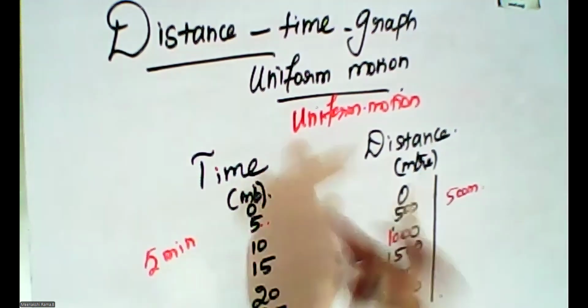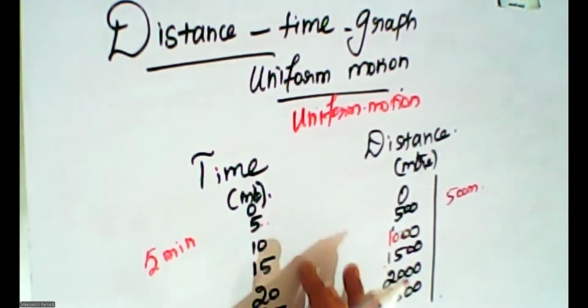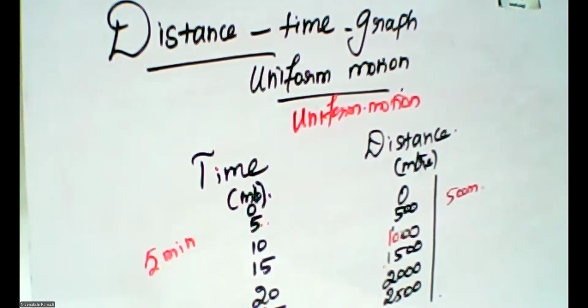That is a gradual, stable motion. Okay. So the time is increasing in each part, that is 5 minutes only increased. In the same manner, each 5 minutes he crosses 500 meters. So this is the gradual speed, that is uniform motion.